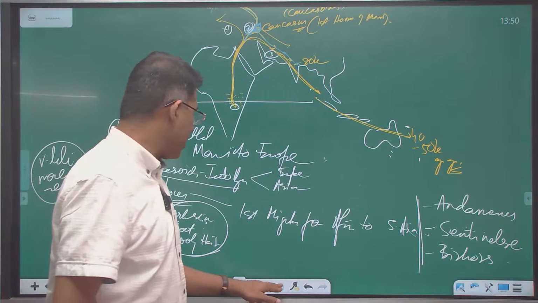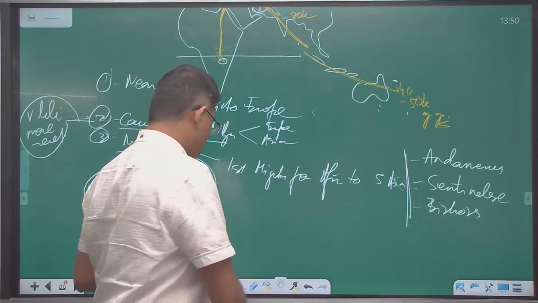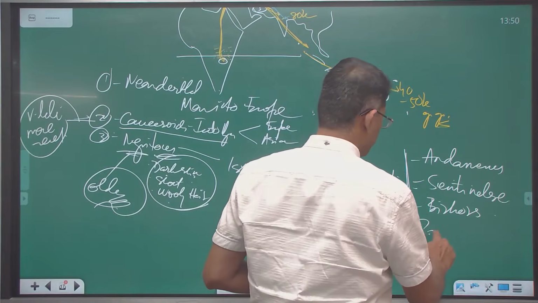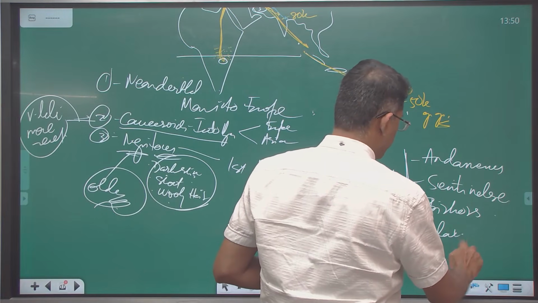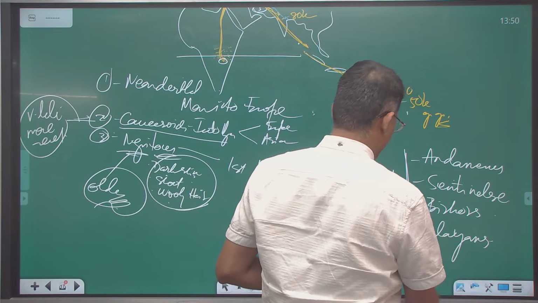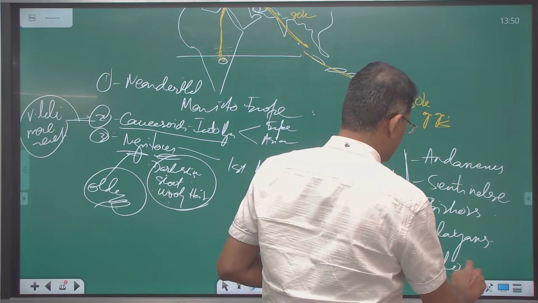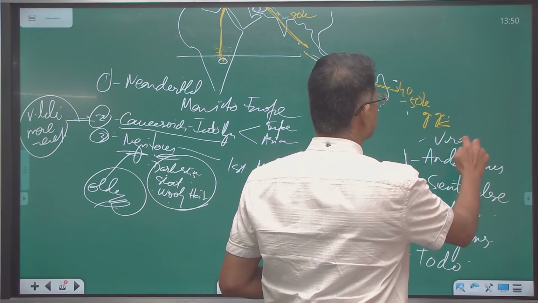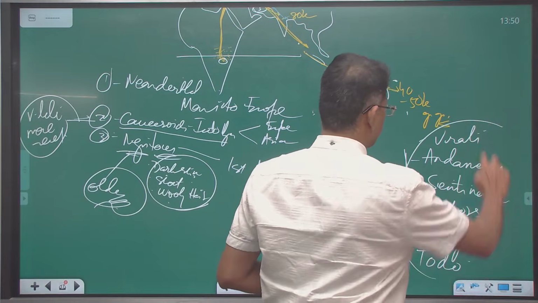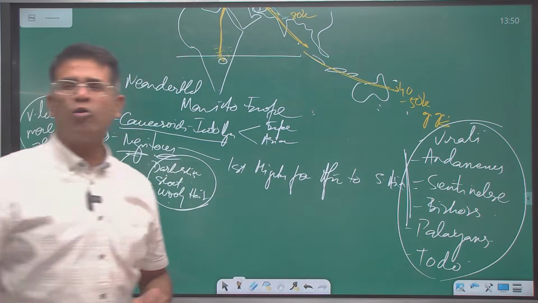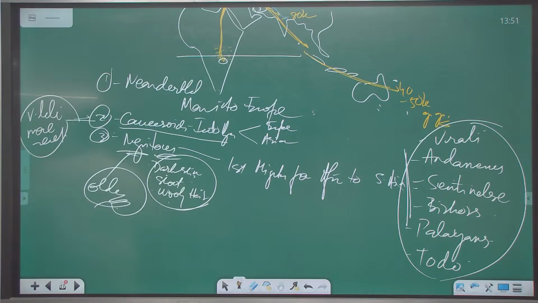Okay, Palayans of parts of Palani Hills. We have Toda tribes. We have Urali tribes. These are some of the old populations which have a lot of similarities with African races. I'll come back to this while discussing races. We will teach this again. Okay.